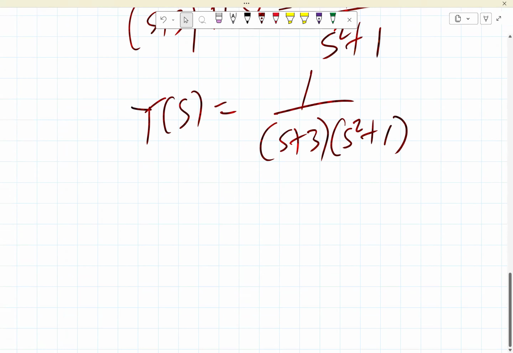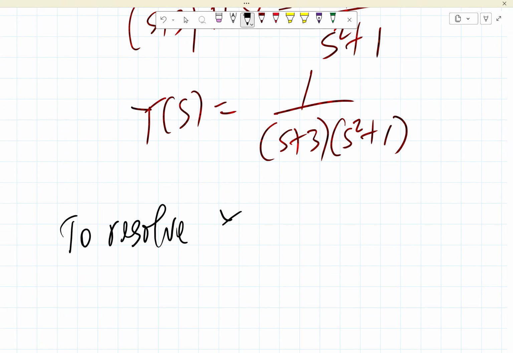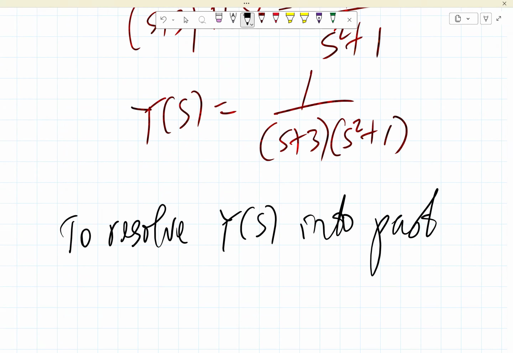So we need to do partial fraction decomposition to resolve Y of s into partial fractions.